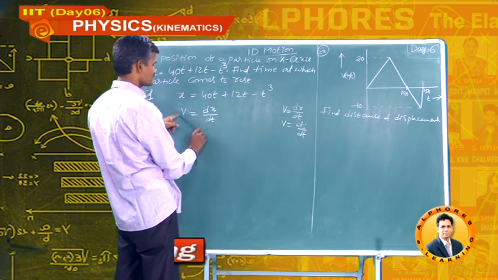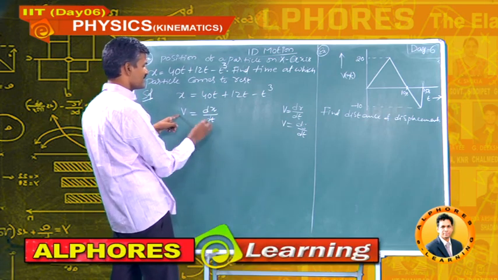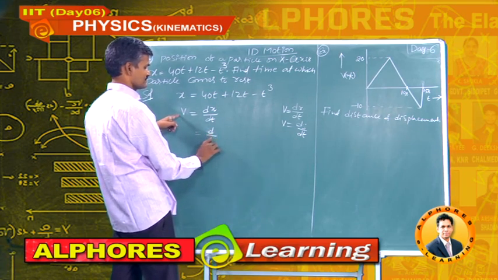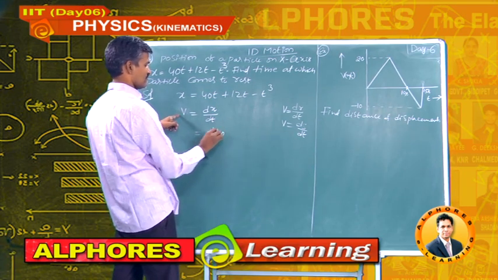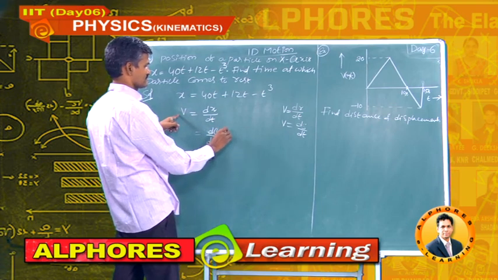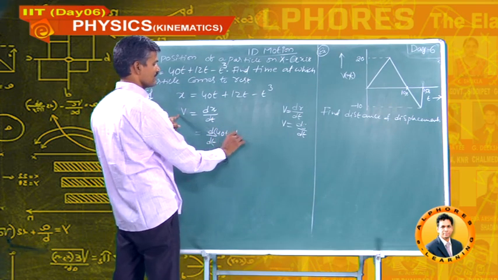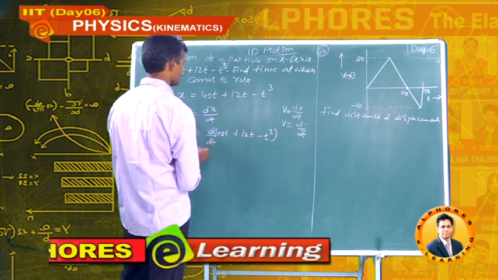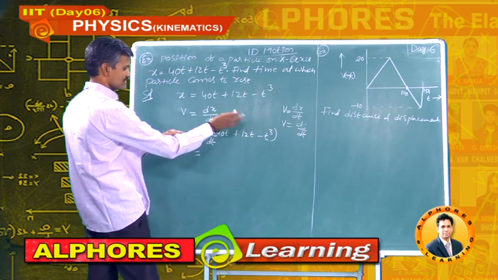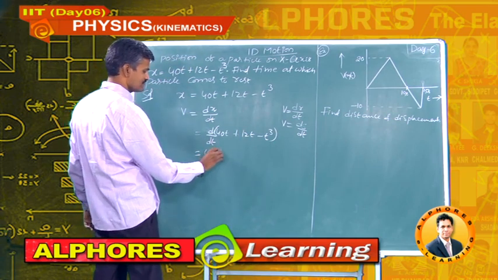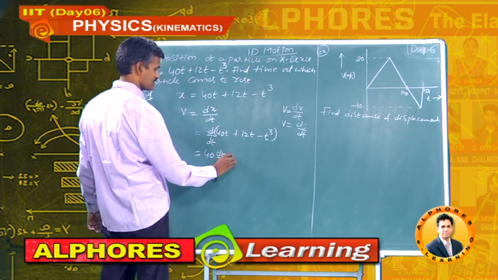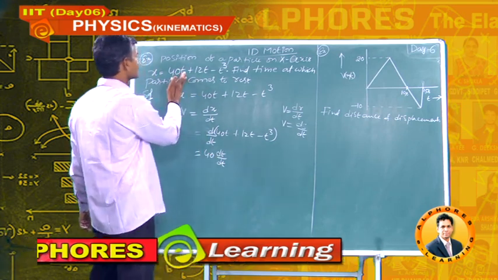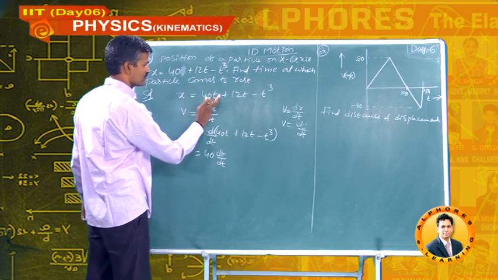This is equal to d by dt of 40 plus 12t minus t cube. So on taking derivative of each term, for the first term, I think it is wrong, it is 40, not 40t.